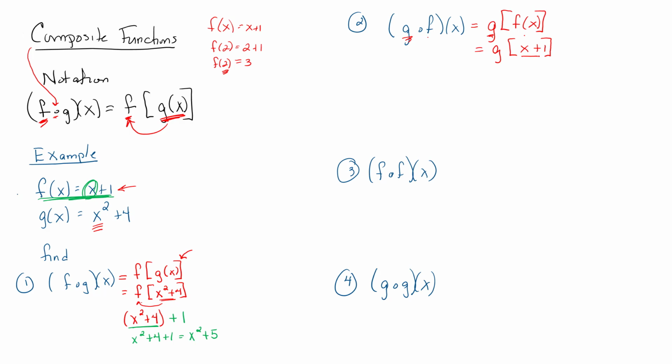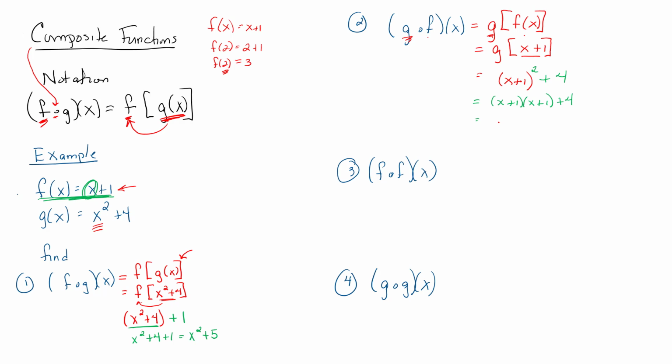Well, the new X is X plus 1. And according to the G function, you're supposed to square it, and then you're supposed to add 4 to it. And when I simplify this, I need to figure out what X plus 1 times itself is, and then I get to add the 4 to it.